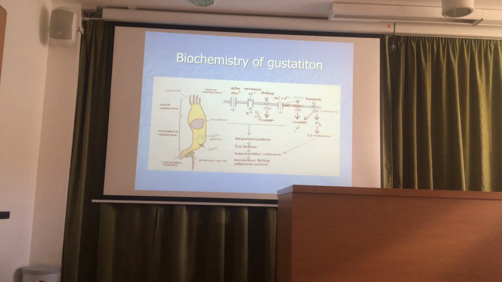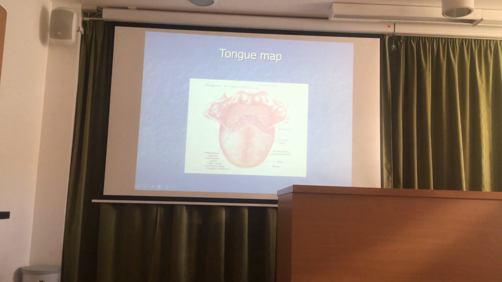It depends on the ions. Basically, what kind of ions you can find in the water gives the special taste of the water. But basically the main tastes are these: umami, bitter, sweet, salt, and sour.